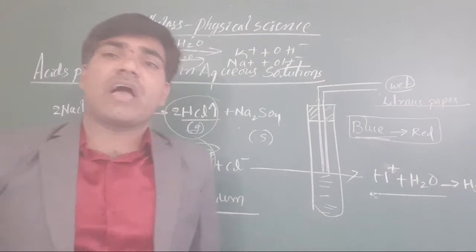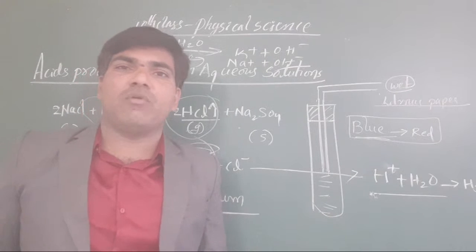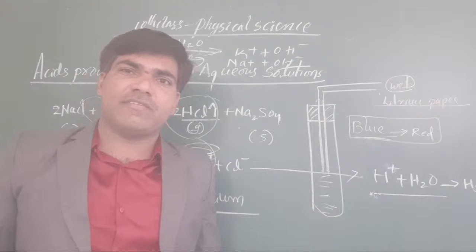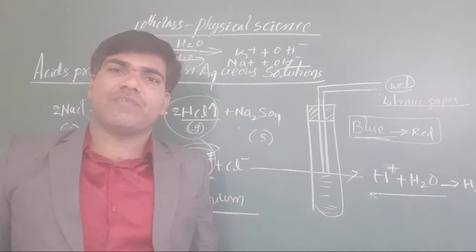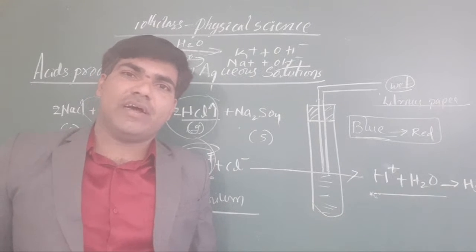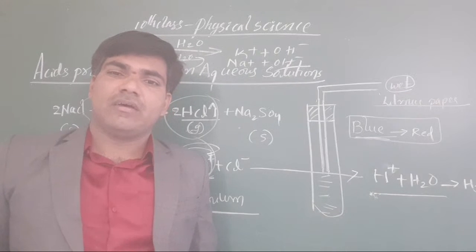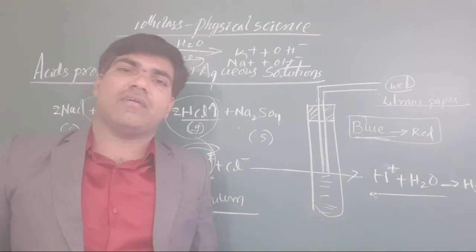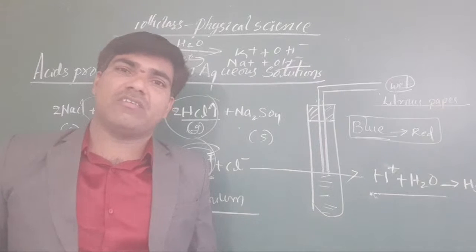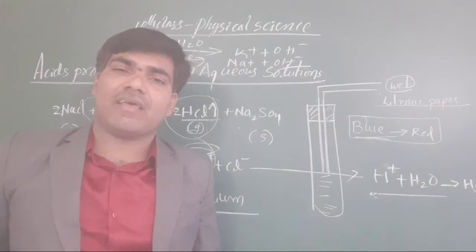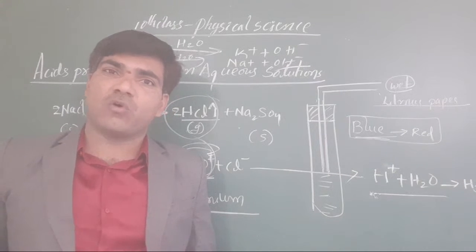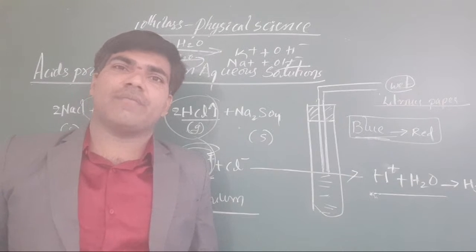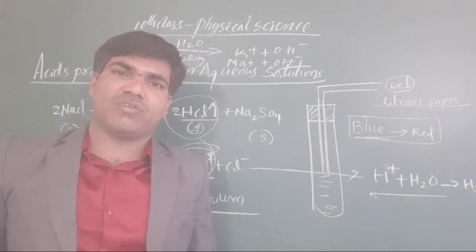What common properties are available for acids and bases individually on the basis of ions? Our acids produce H plus or H3O plus ions, hydrogen or hydronium ions, when they are mixed with aqueous solution.